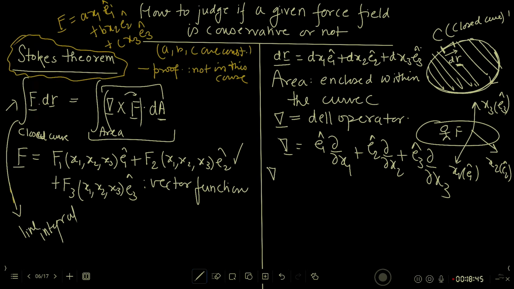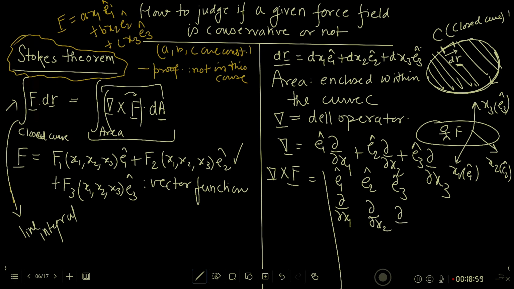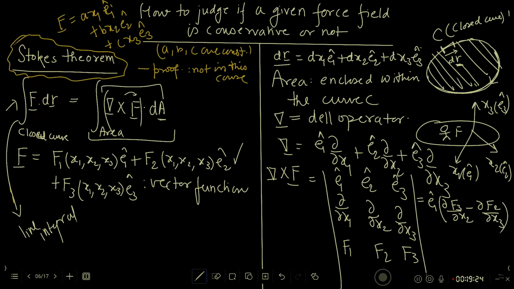So how do you get del cross F? You can get this cross product in this manner. I'm sure you know how to get the full expression out of it. So it is del f3 del x2 minus del f2 del x3. That's the component along E1.